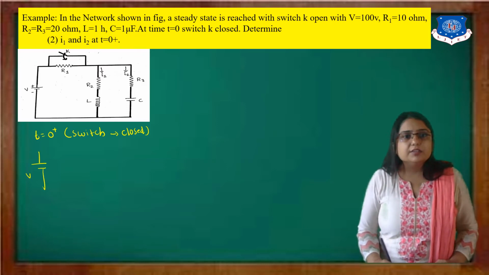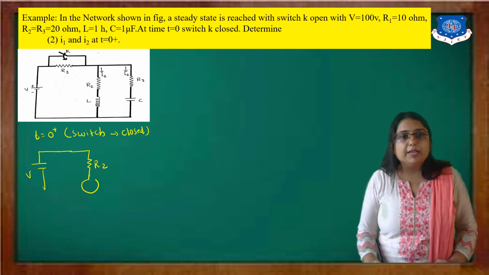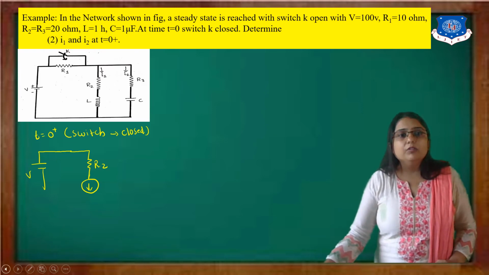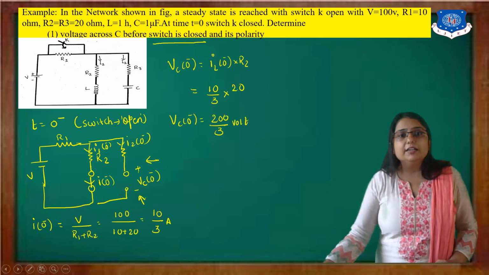Here it's V. Then there is no need to draw this resistor. Then it's R2. And as we discussed, our inductor will behave as a current source, and that value we have already found, 10 by 3 ampere.